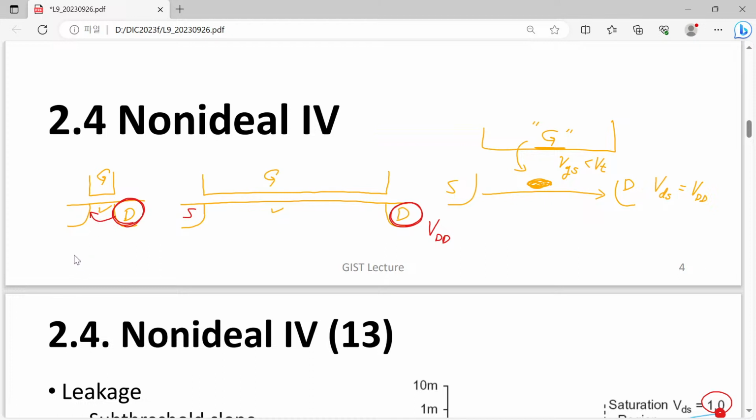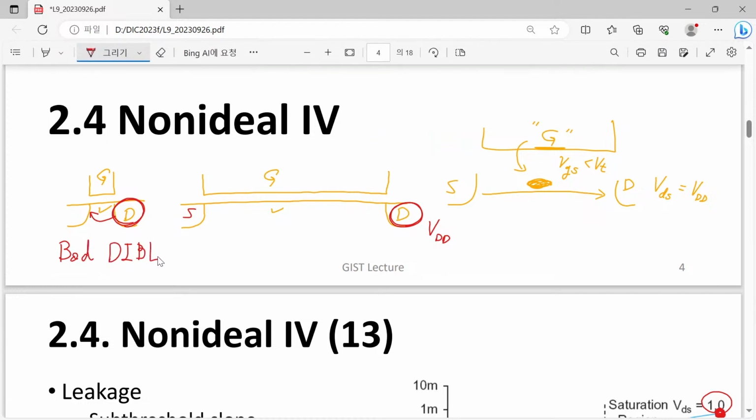So that will have bad DIBL characteristics expected, and this is good DIBL characteristics. Okay, so now you have to draw this kind of graphs.